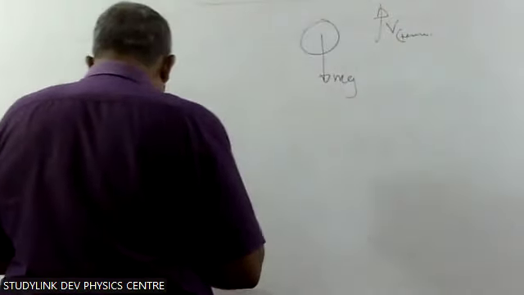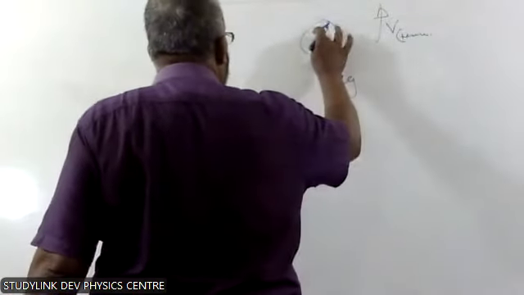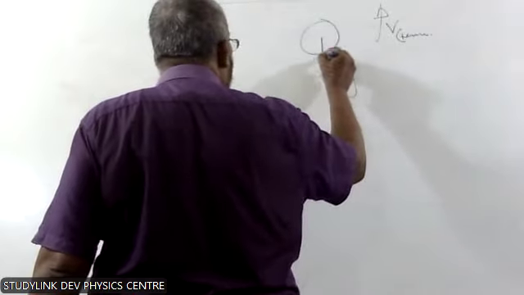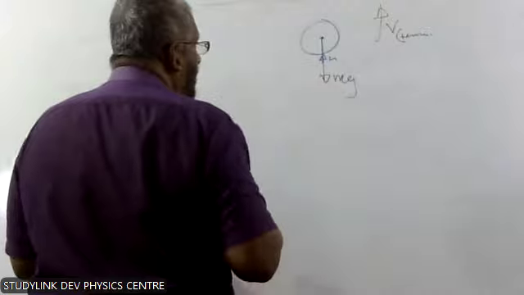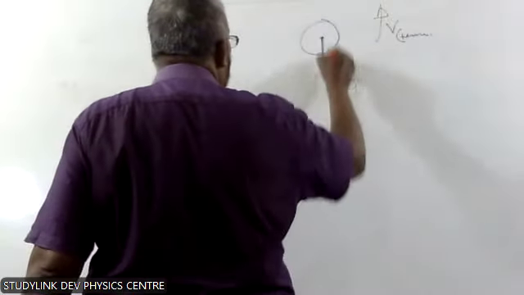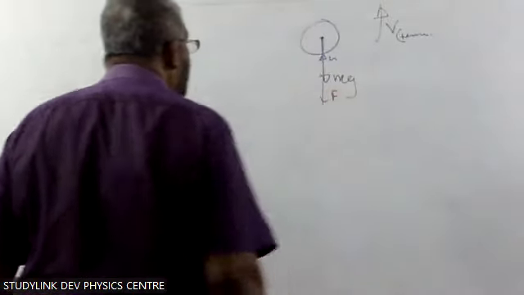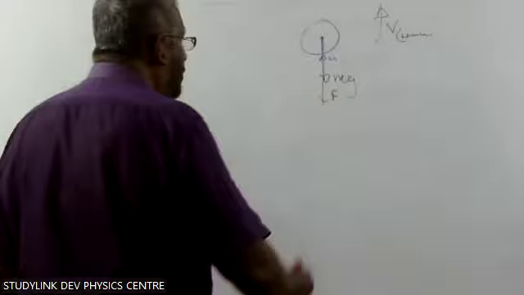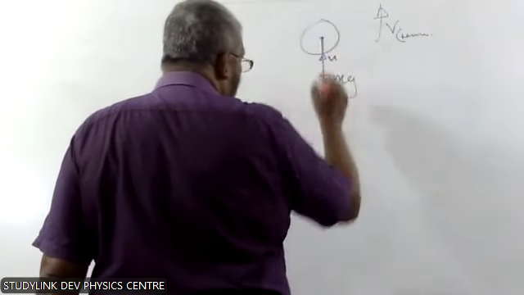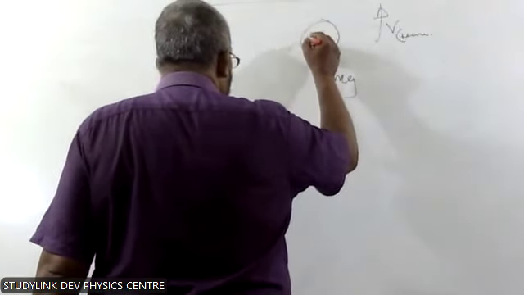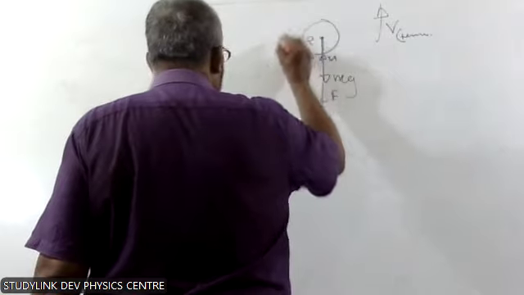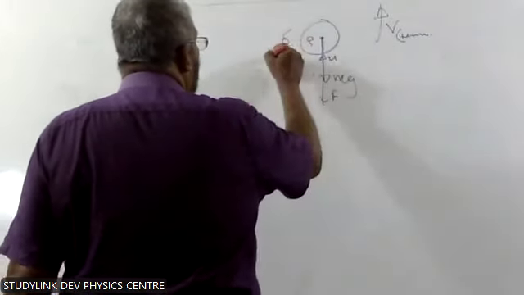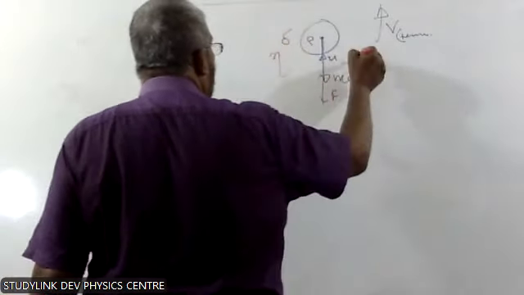And we know that the upthrust U is acting upwards, and the other one is the viscous force downwards. The density of the sphere is rho, and this is sigma, the liquid's, and this is eta, of the liquid.